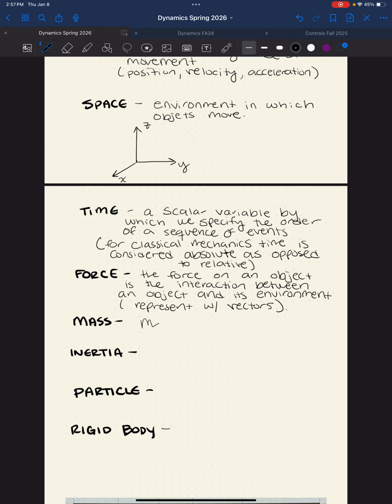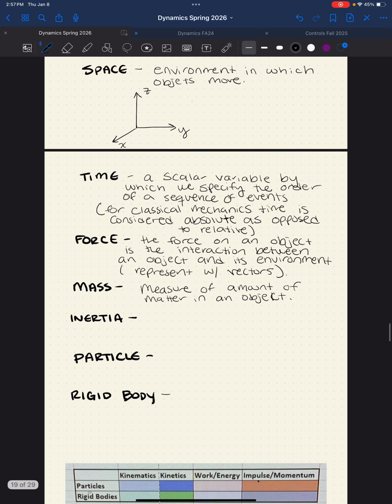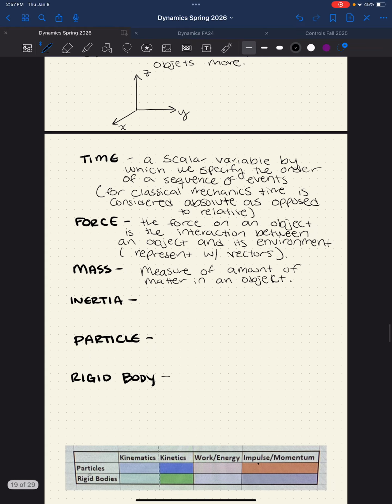So mass is a measure of the amount of matter in an object. But this definition isn't super useful to us. I prefer to think of mass as the resistance of a body to linear acceleration.